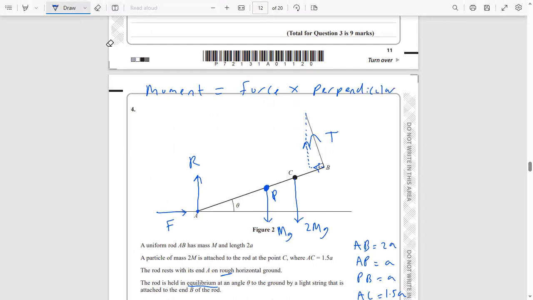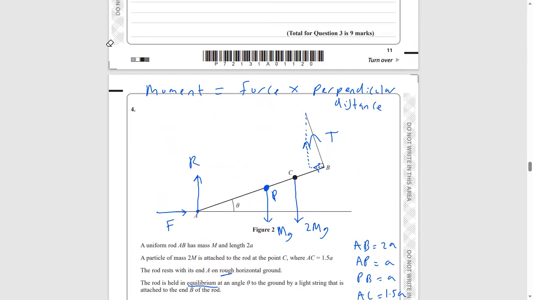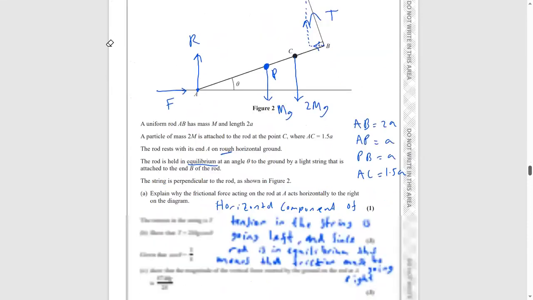And obviously the distance from A to the forces R and F is just 0, because the forces are literally acting at A. So the distance will be 0, so the moment about A is 0. So you don't have to worry about these forces. That's the reason why we're taking moments specifically at A. So we're going to do that now. Take moments about A.